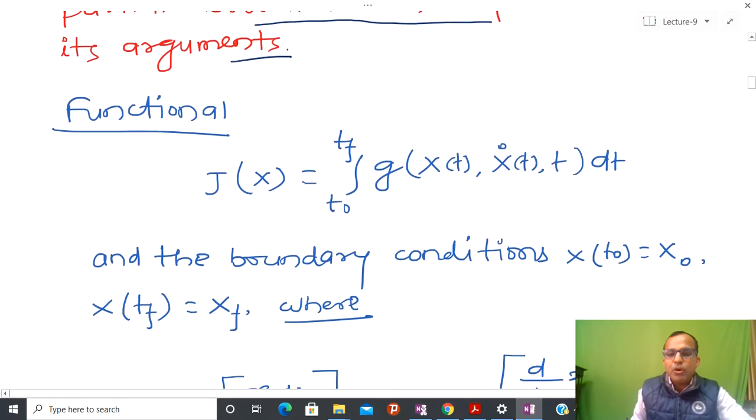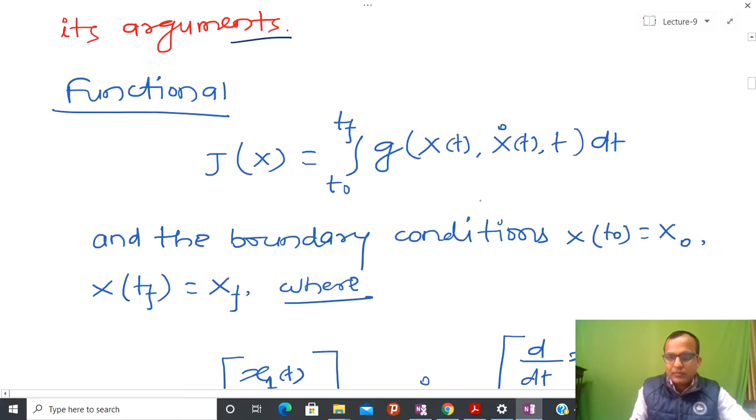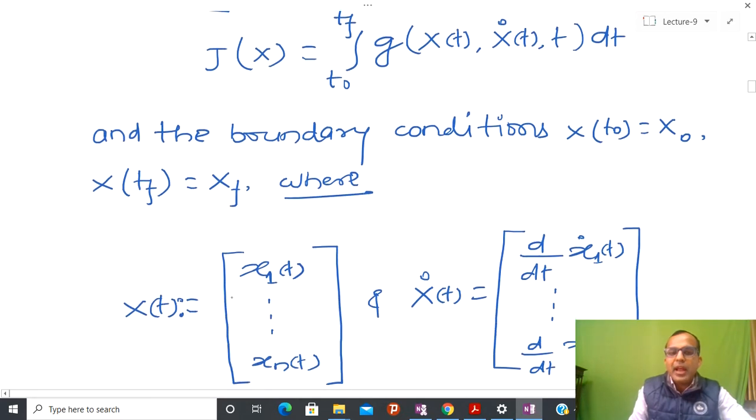again I am going to formulate a functional. Here you can see that x(t) is a vector that has n components x1, x2 up to xn, and x dot is again a vector with n components, the derivative of x, and I have time.